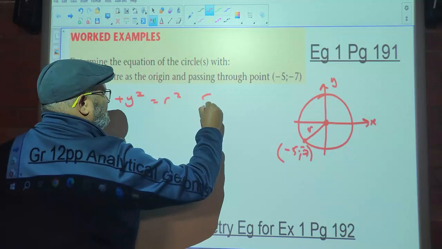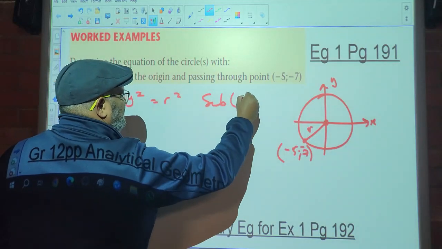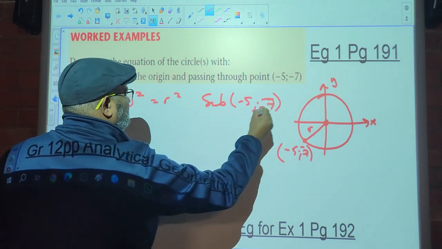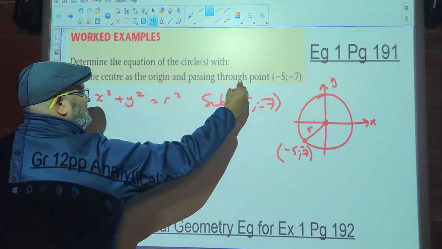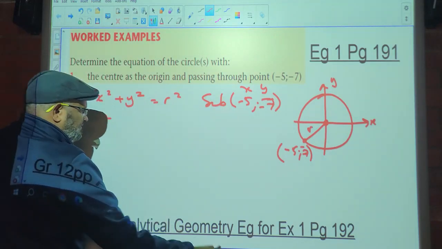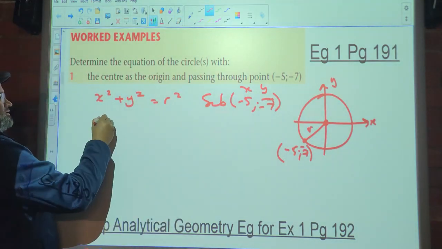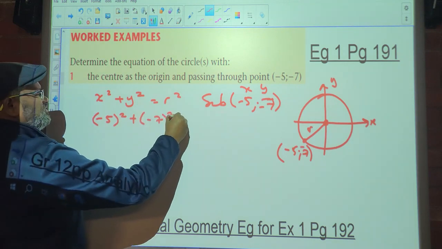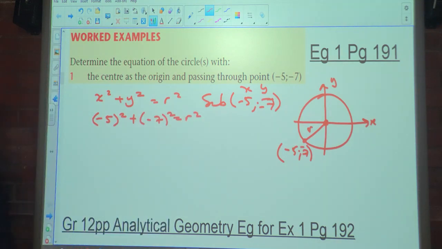So I'm going to substitute -5 and -7 into the circle, remembering that's an x and a y. So (-5) squared plus (-7) squared is equal to r squared.